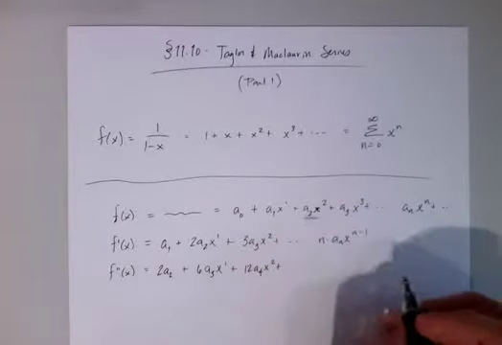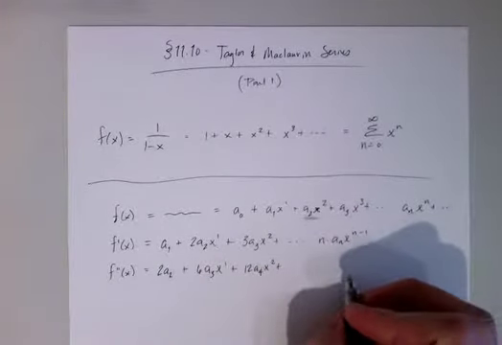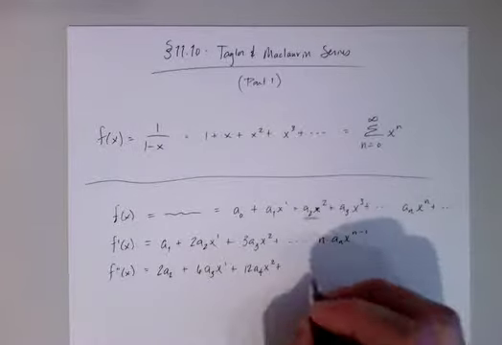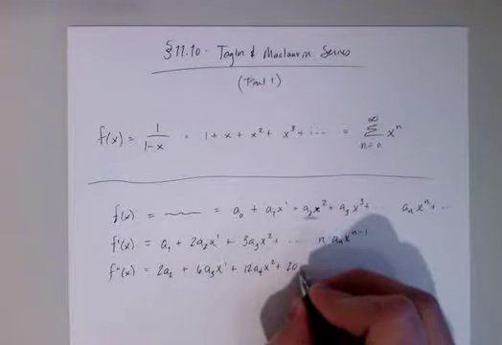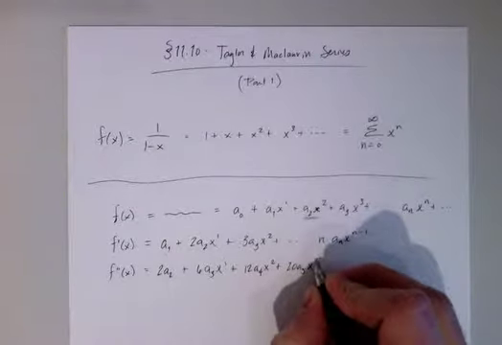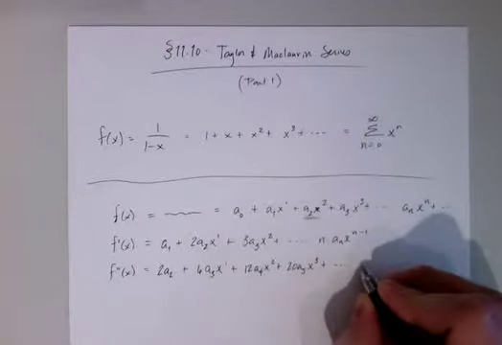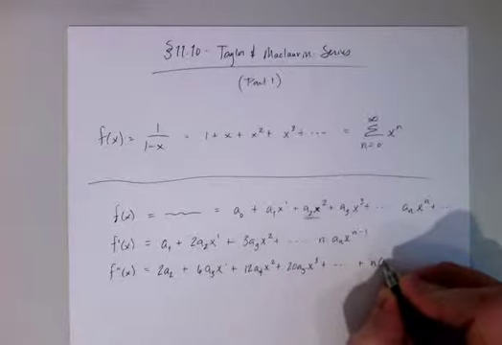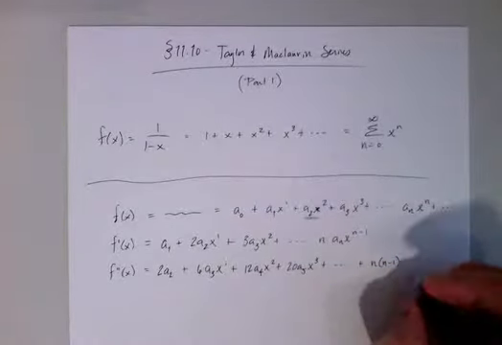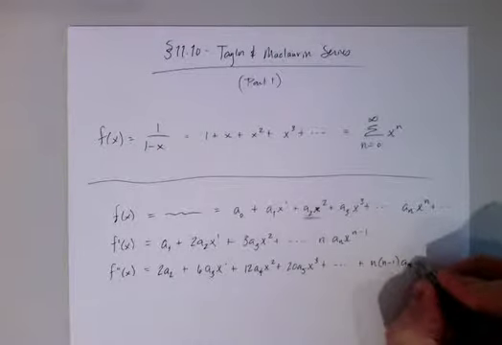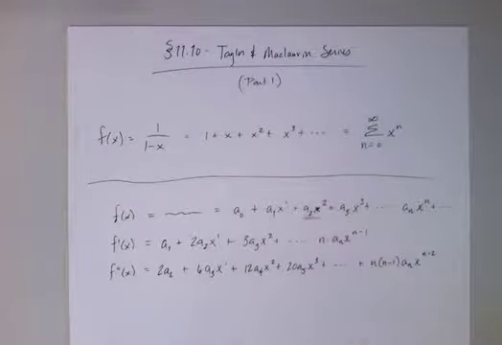The next one was going to be 5 a sub 5 x to the fourth, and of course 5 and 4 makes 20 a sub 5 x to the third plus dot dot dot. Well, you've done it twice, so for this general term right here, you have to bring down the n minus 1, and you have n times n minus 1 times a sub n x to the n minus 2.